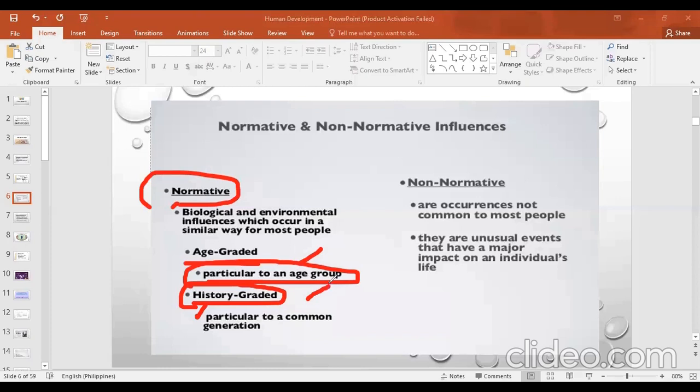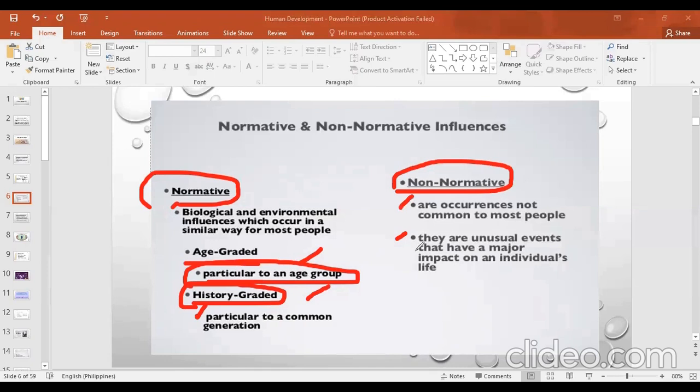And na-impluwensyahan din tayo with what we call as non-normative. These are occurrences not common to most people. They are unusual events that have a major impact on an individual's life. So ito yung mga events that can be traumatic, such as pwedeng death, namatayan ka.